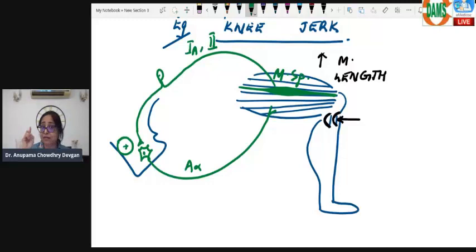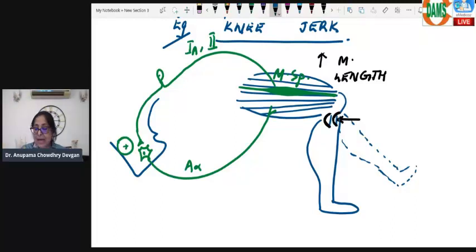We've already discussed that A alpha goes to the extrafusal muscle fibers, which are responsible for muscle contraction. Once the quadriceps contracts, the leg moves forward. And this is exactly what happens in the knee jerk.